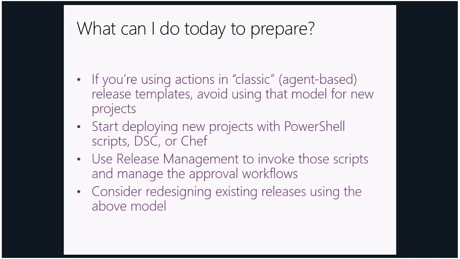Or you could even use an agent-based release template to copy your deployment scripts from a build drop location to the target machine and then invoke that script. That might be an option if, for whatever reason, you can't enable PowerShell remoting or WinRM, which is necessary for the vNext release templates to communicate with a deployment target.